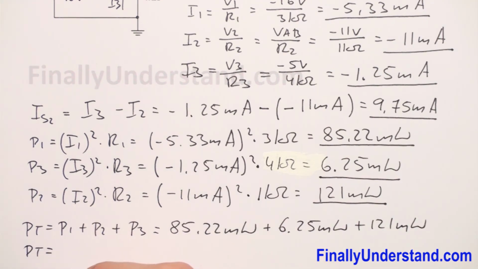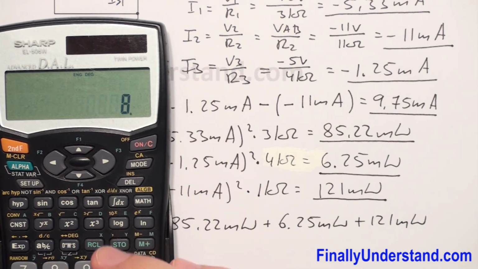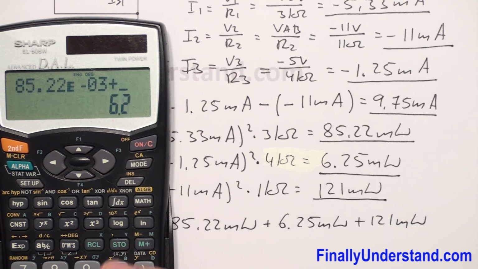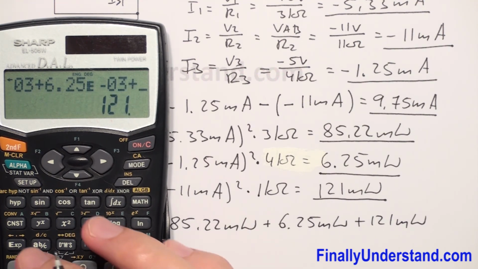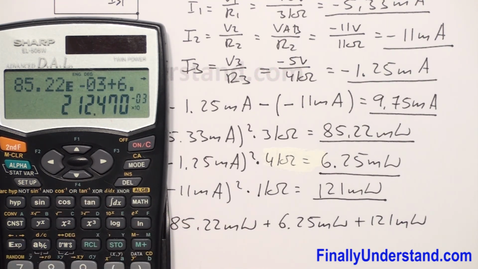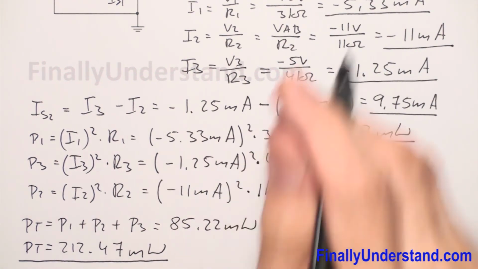So P total is equal to 85.22 times 10 to the negative 3 plus 6.25 times 10 to the negative 3 plus 121 times 10 to the negative 3, which equals 212.47 milliwatts. And this is my total power.